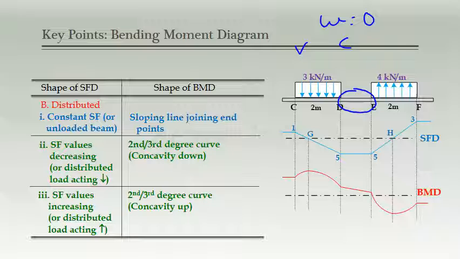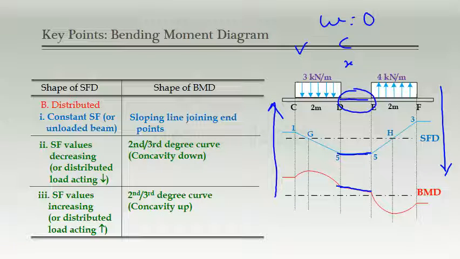So for bending moment, integration of a constant becomes x. That means with no load, the SFD is a constant horizontal line, and the BMD is x, meaning an inclined line. So that is the idea of how we go from top to down by integrating and bottom to top by differentiating. Zero load, constant line, sloping line.